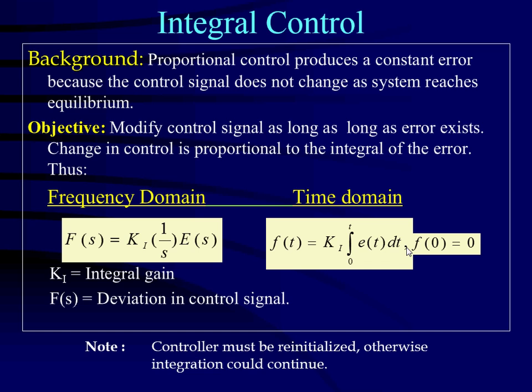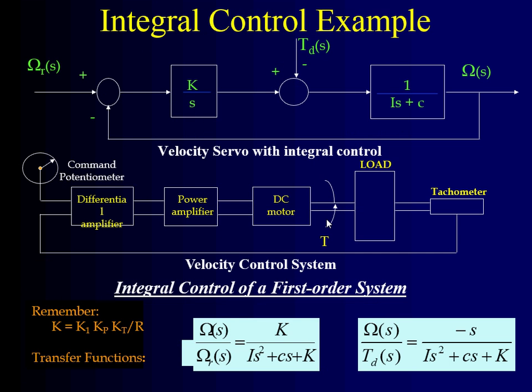Now, if you have integral control, on the other hand, this is manifested by 1 over s times some constant of integration. And this would be like, in the S domain, what integration is in the time domain. But in this case, you have something like this.